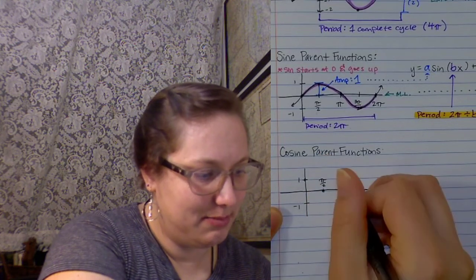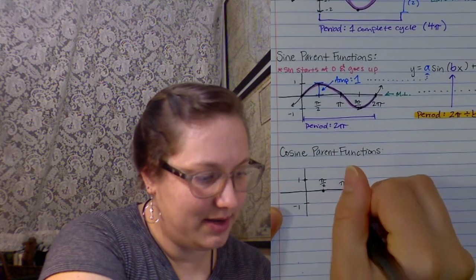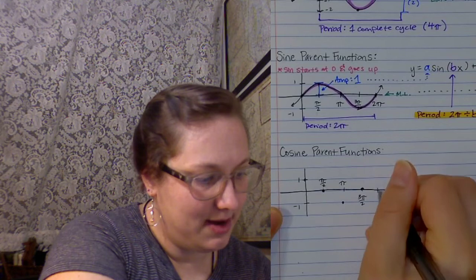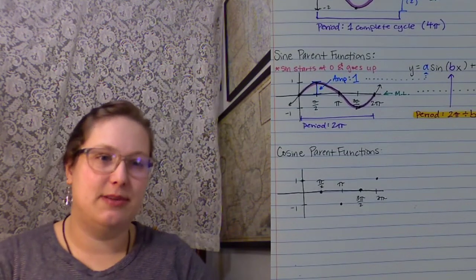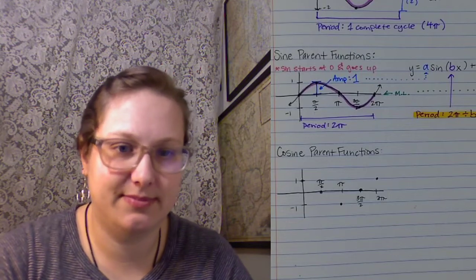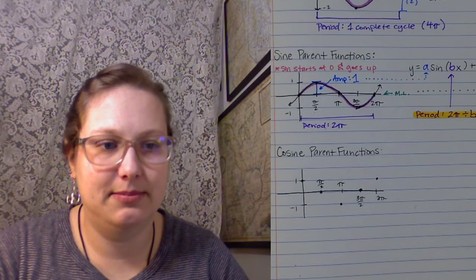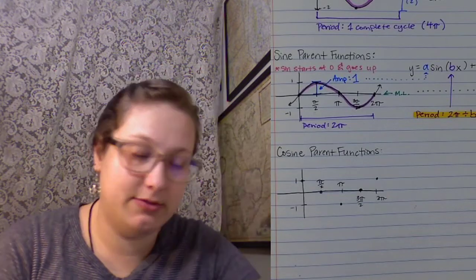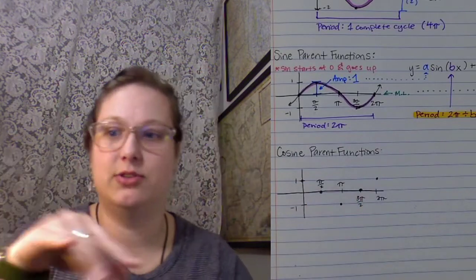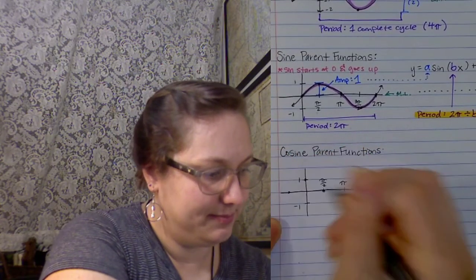Come down to pi over 2, down at pi, and back up again. I'm making these 5 points. And you might have noticed I made those 5 points before as well, right? It's those same 5 points, but we don't do a V shape, we do a curve. Because it's about the circle, and the circle's curvy. And it'll be over here too.